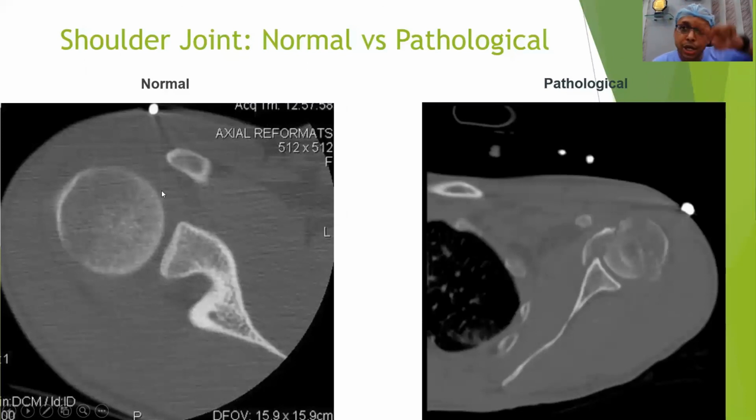The humeral head, to your left, should be really like a full moon or a sun, completely circular. Here it's not. There is an avulsion fracture of the anterior humeral head right over here.